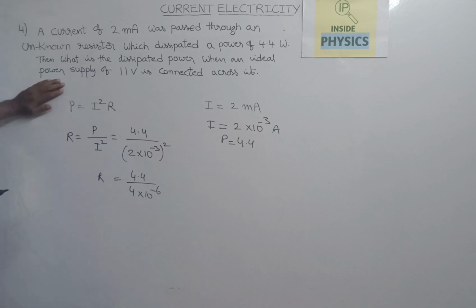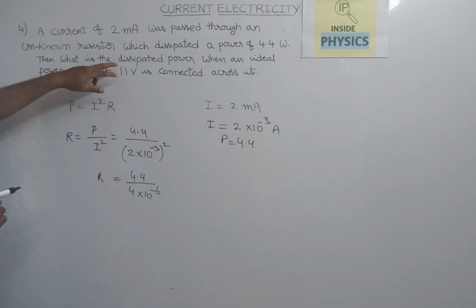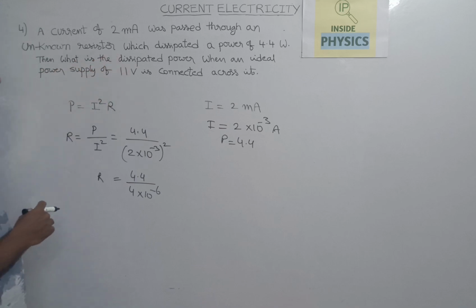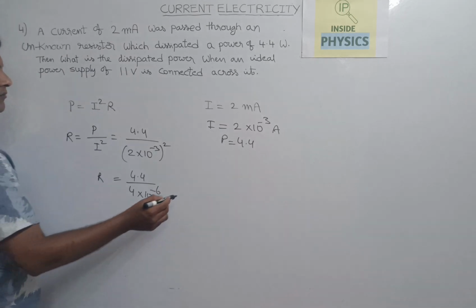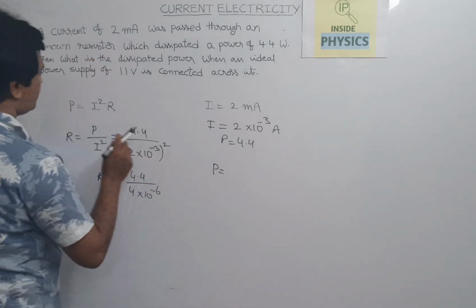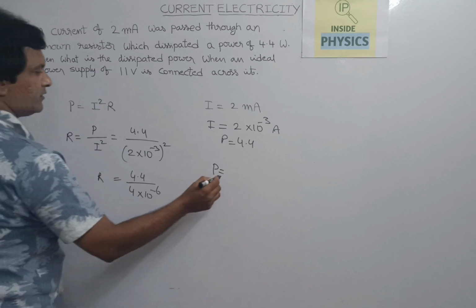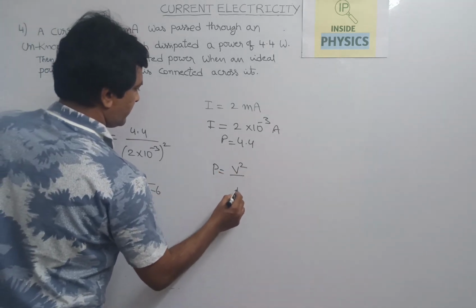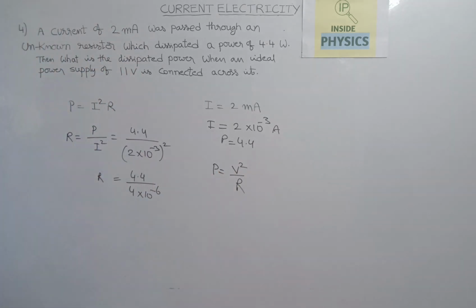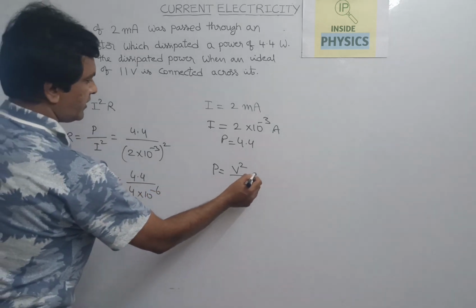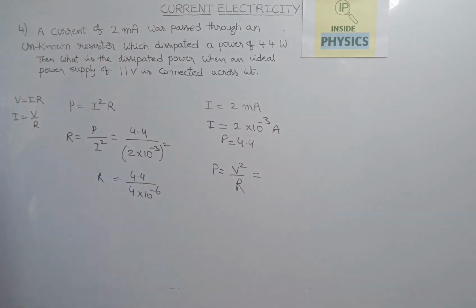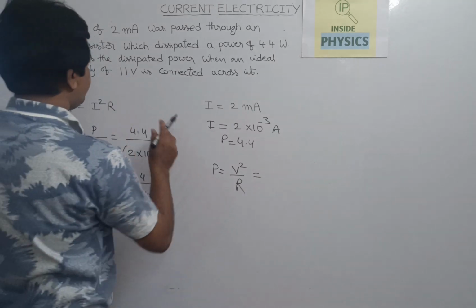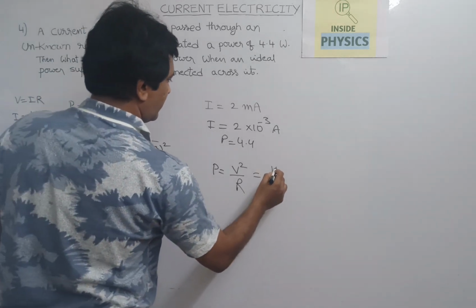And next, what is asked? A power supply of 11 volts is connected across it, and then what is the power dissipated? We have another formula for power. If you put I is equal to V by R, power can be written as V square by R. Here we know that V is equal to IR as per Ohm's law, so I is equal to V by R. If you put V by R in place of I, power can be written as V square by R. Then what is the potential difference applied across the resistor? 11 volts.